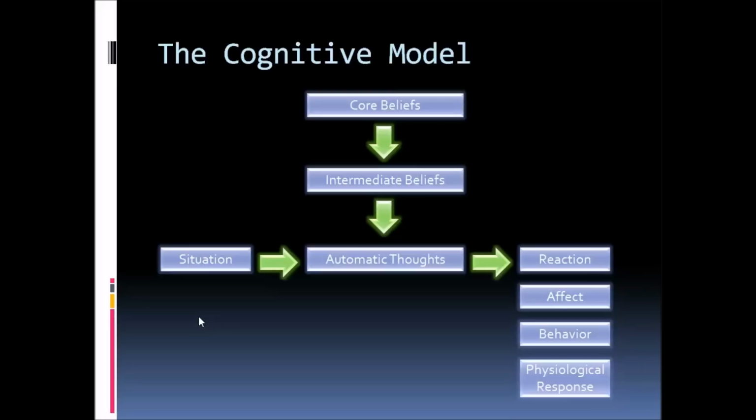So sometimes if we can't quite piece together any of these elements in the diagram so far, we can try to solve the equation kind of like an algebra. If we're missing the automatic thought, but we know the situation and the belief, or most of the intermediate beliefs, and we know the reaction, sometimes we can figure out the automatic thought.